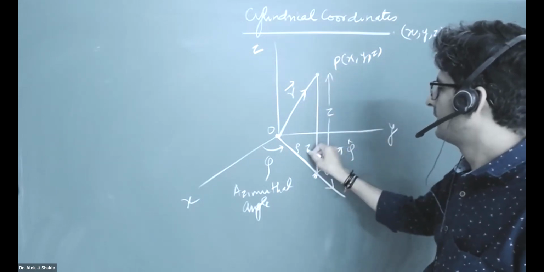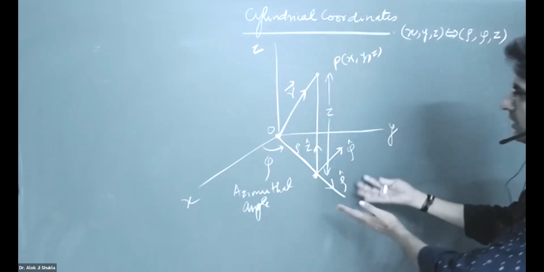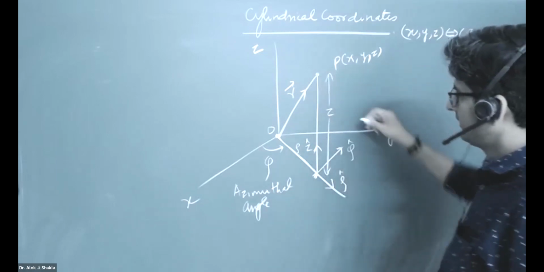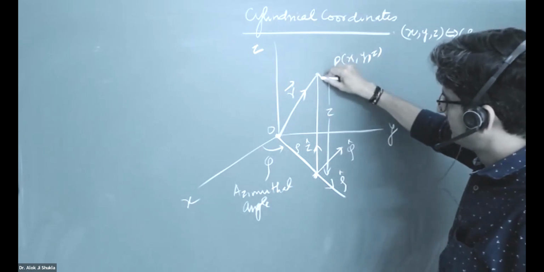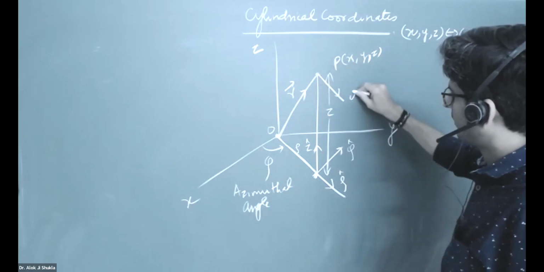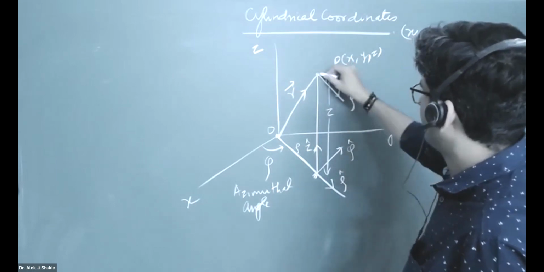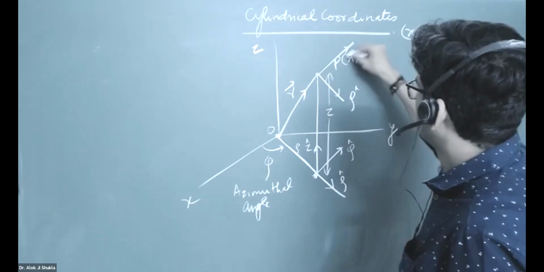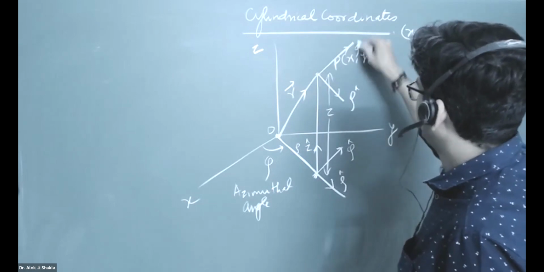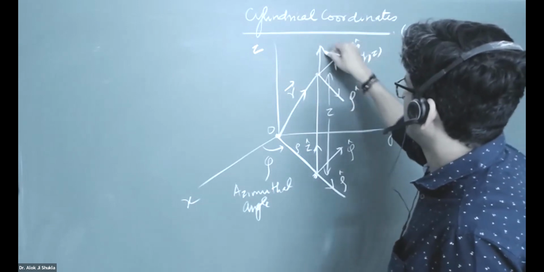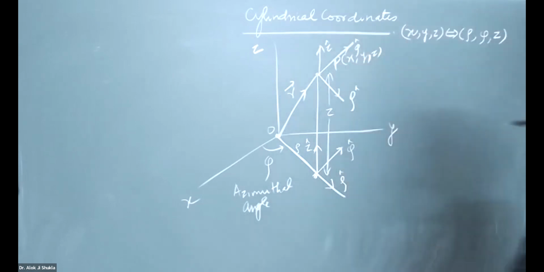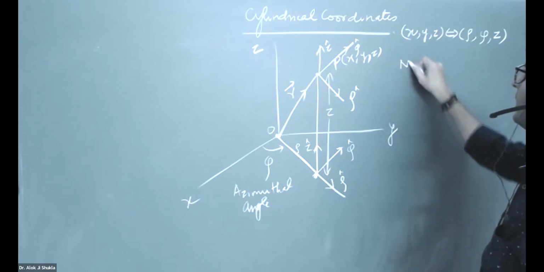So it will be z cap. So you just transform all these vectors here, keeping them parallel. So this is your rho cap, and perpendicular to this is your phi cap, and this is your z cap, and all of the three are perpendicular. Can you see that? Yes, sir.